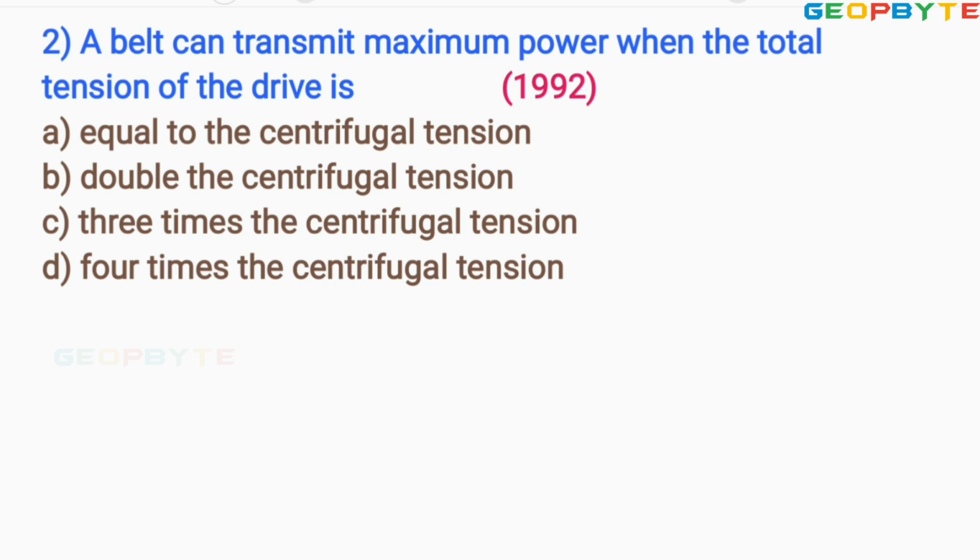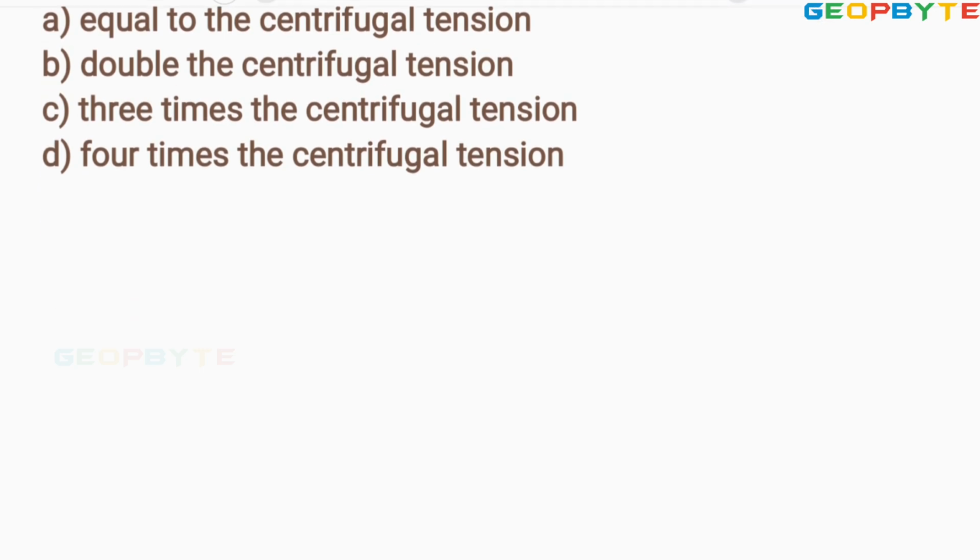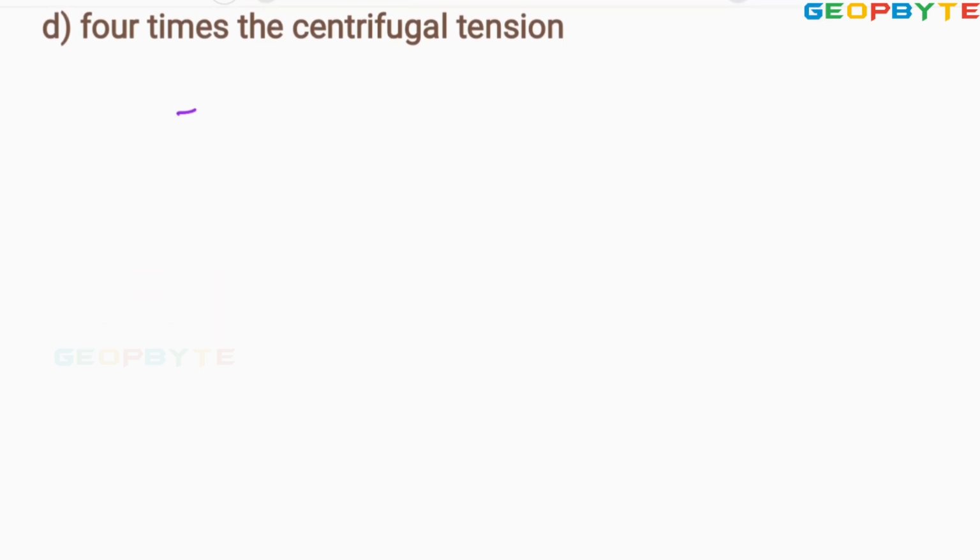Look at the second problem, asked in 1992. A belt can transmit maximum power when the total tension of the drive is... You know, the condition for maximum power transmission.